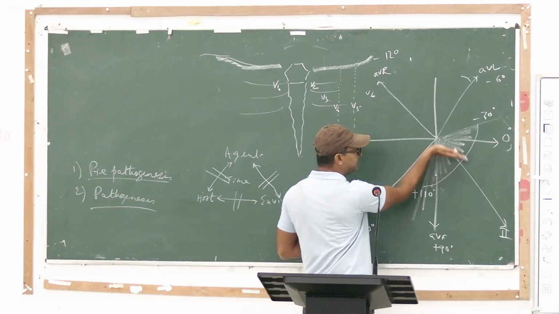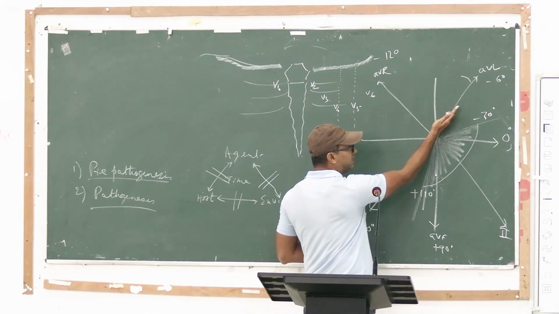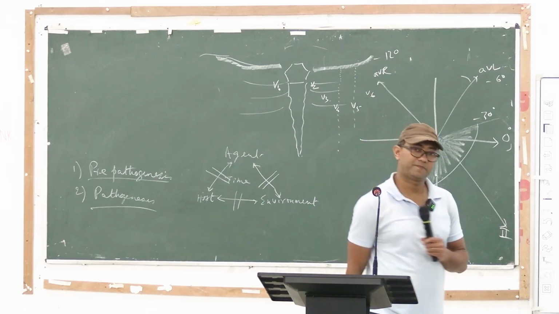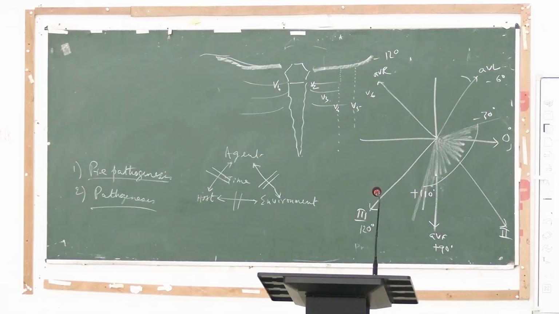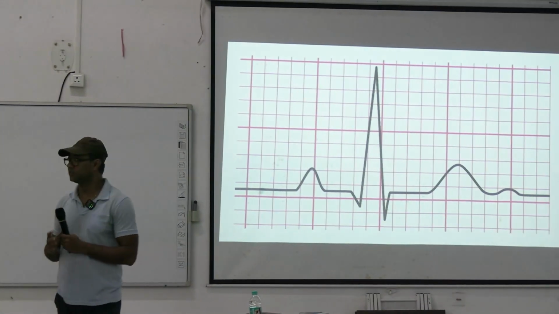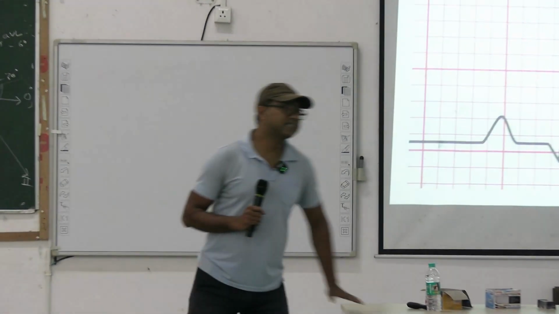So the ECG axis will remain within this; going this side is left axis deviation, going this side is right axis deviation. Now, a big question in your first professional MBBS is calculate ECG axis.